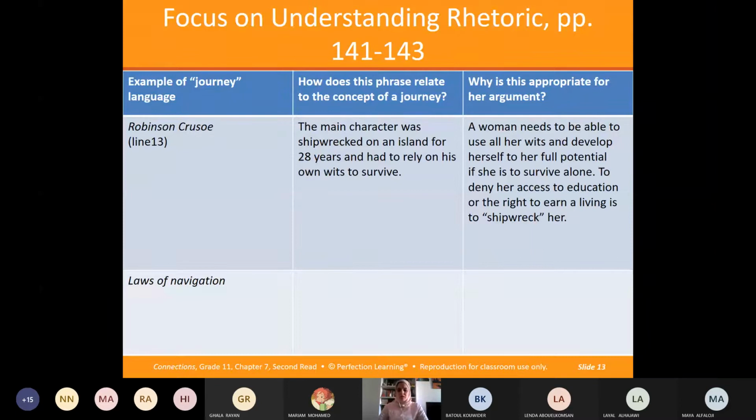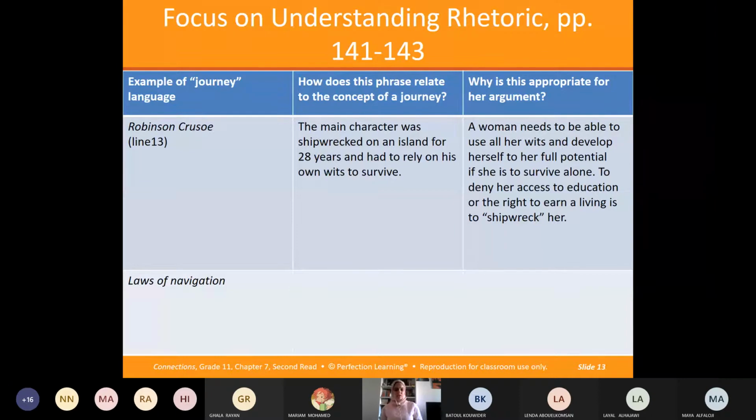To deny her access to education or the right to earn her living is to shipwreck her. A woman has to develop her potential in order to survive alone. So by not getting a full education, it is like she has been shipwrecked.